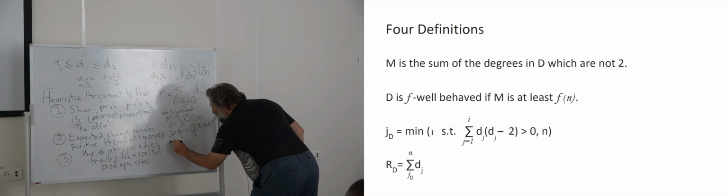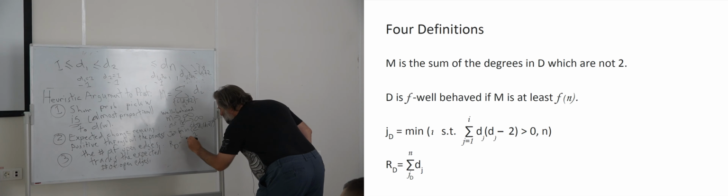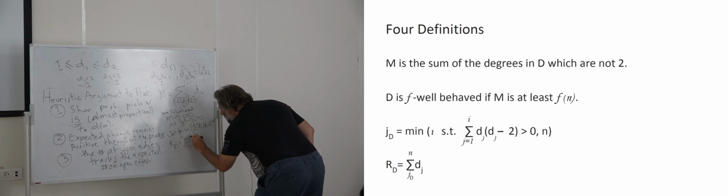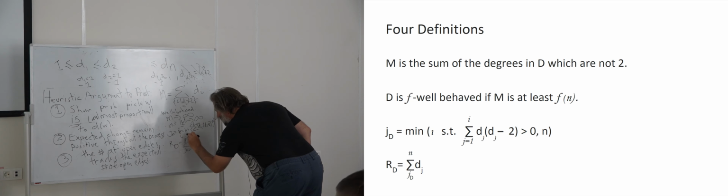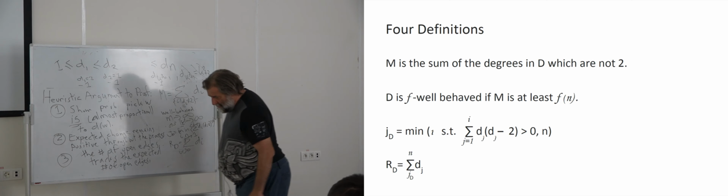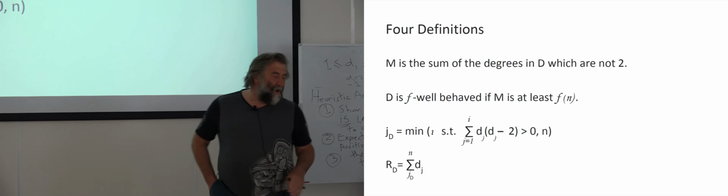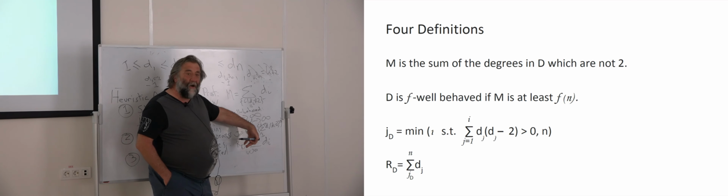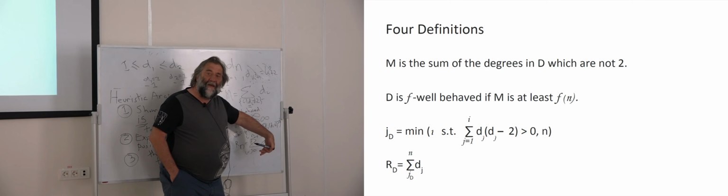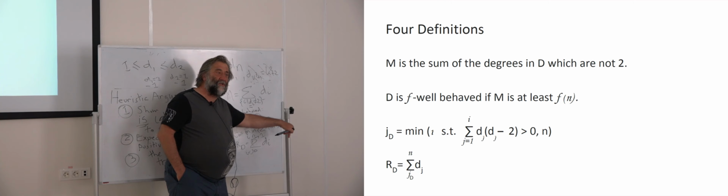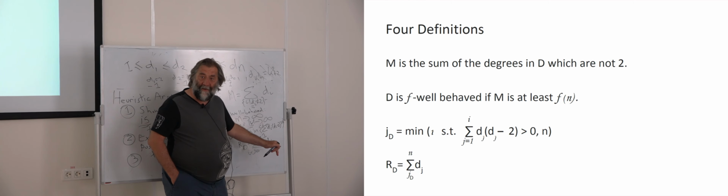And RD is the sum from I equals JD to N of di. So previously, we were taking the sum of di minus 2 up to JD, and we got to 0, and then we saw what the sum of the rest of d times d minus 2 was. But now, instead of taking d times d minus 2 for the rest, we're just taking the degree.